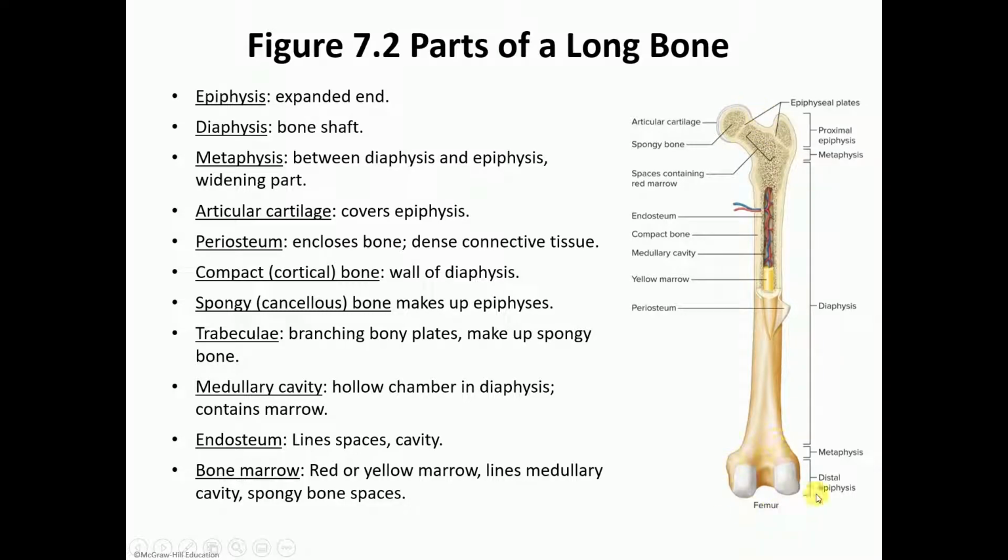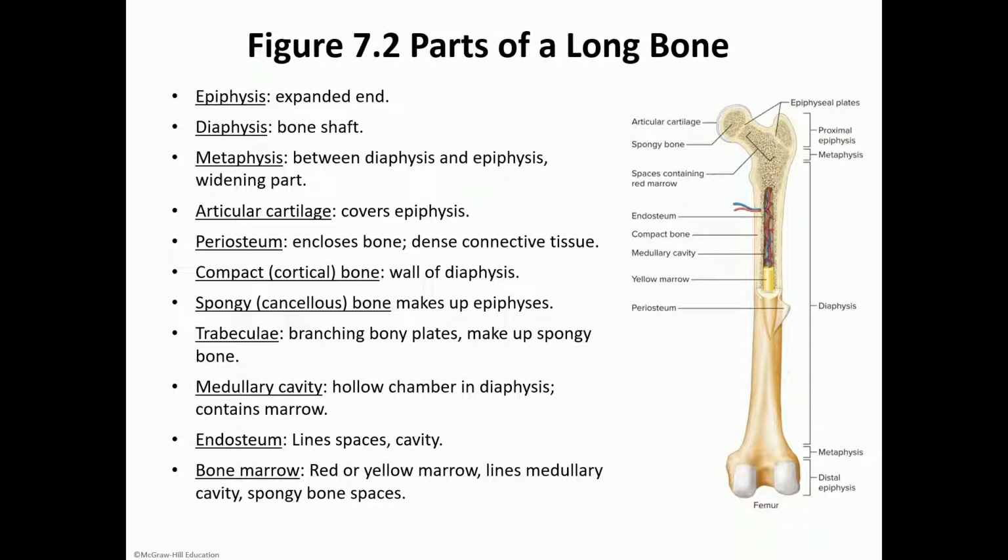While this epiphysis down here will articulate with the tibia, which is one of the bones of the lower part of the leg, in order to become the knee joint. So this one is known as your proximal epiphysis because it's closer to the trunk, while this is the distal epiphysis because it's further away from the trunk.